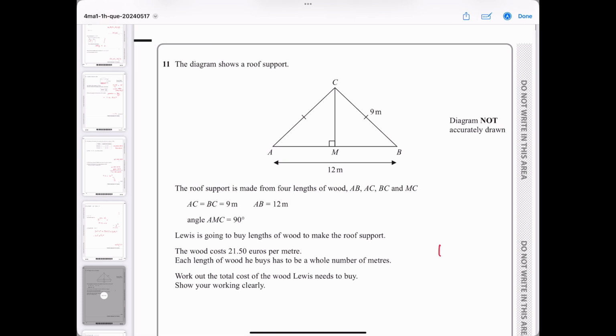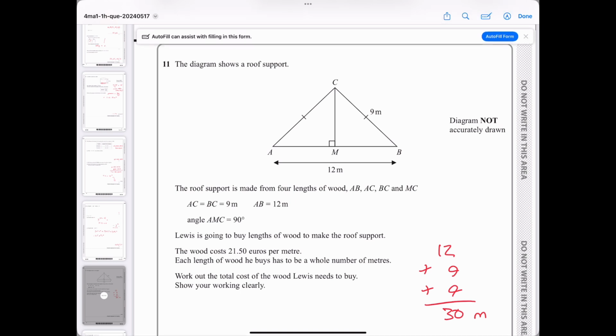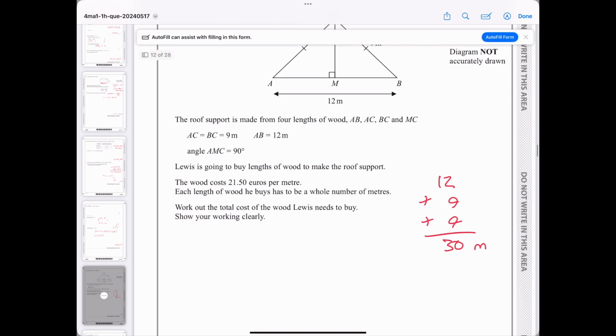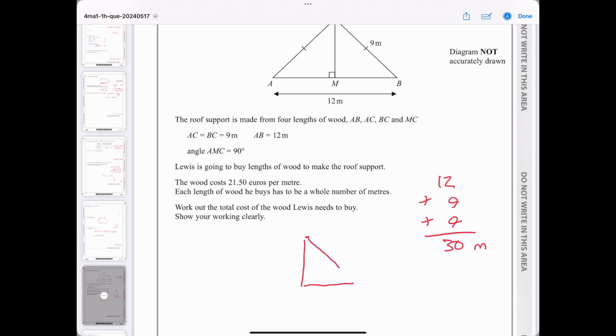So it would be 12 plus 9 plus 9 is 30. So we've got 30 metres for the outside, and then CM, we'll just use backwards Pythagoras. So if we draw that, we know the bottom would be 6, the hypotenuse would be 9. We don't know the side, so it'd be 9 squared minus 6 squared equals x squared, which is 81 minus 36 equals x squared.